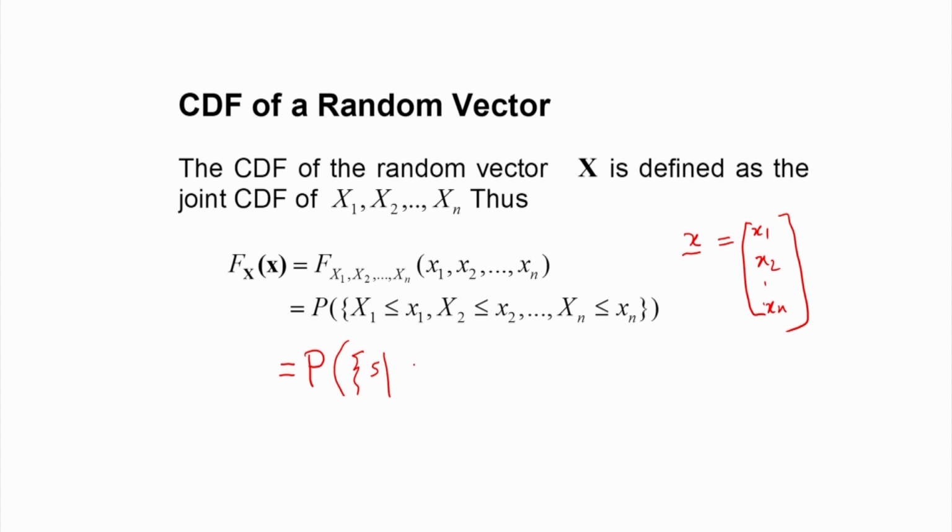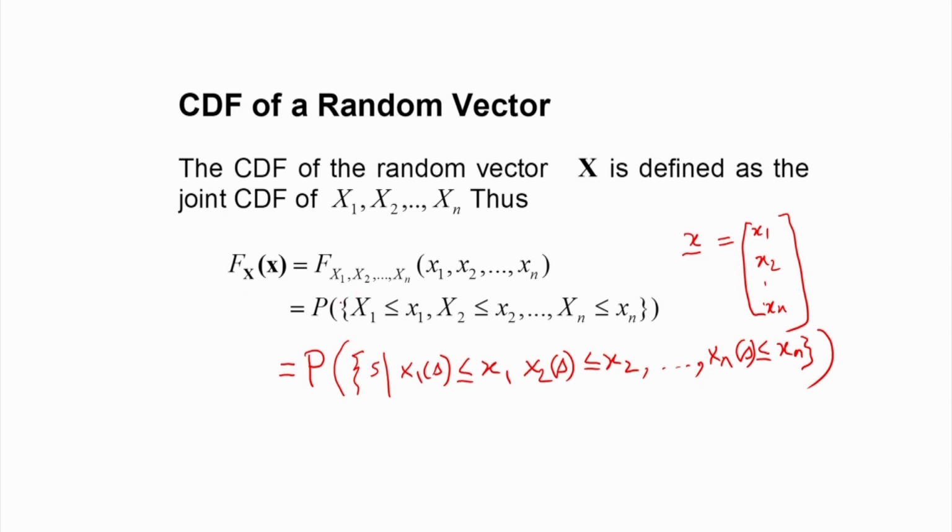That x 1 of s is less than or equal to small x 1, x 2 of s is less than or equal to small x 2, like that, x n of s is less than or equal to small x n. The probability of this event is known as the joint CDF of these n random variables, or the CDF of the random vector x.